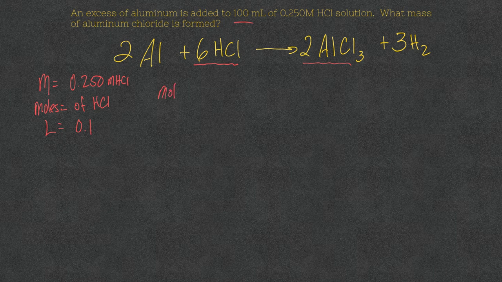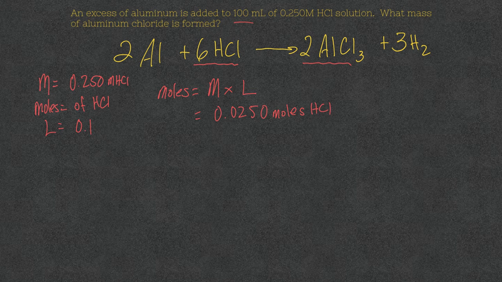We are going to use the fact that moles is equivalent to molarity times liters. And when we plug that in, 0.250 times 0.1 is going to be equal to 0.0250 moles of HCl.